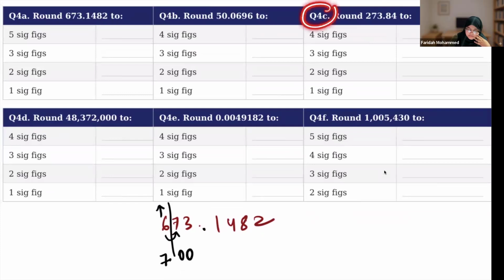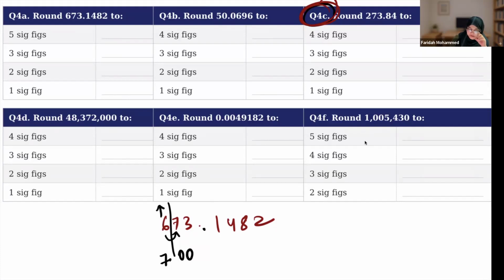Number C. This one. Go ahead, try it out. Okay, let's do it together.